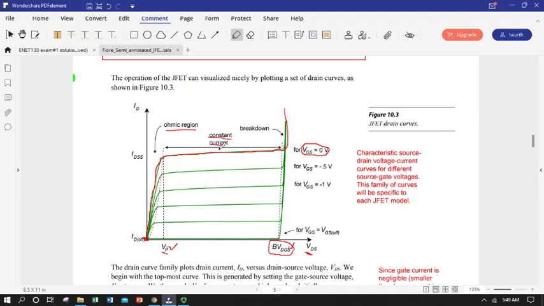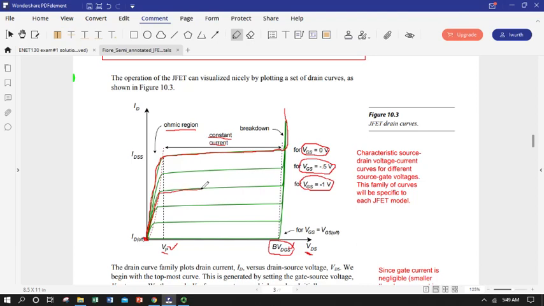Okay. Now, what happens if we apply some gate to source voltage? And of course, in the negative direction, so we're now pinching down that channel. Well, if we do that, we just end up following one of these other curves. The first thing we'll notice is in our ohmic region, the slope is a little less, so we get a little less current for a given drain to source voltage.